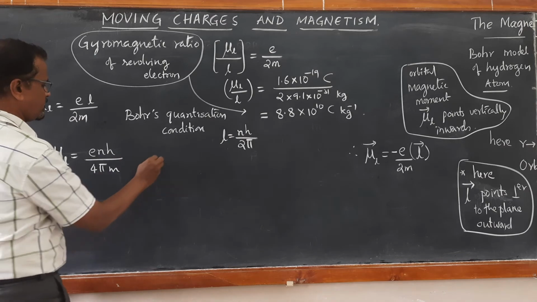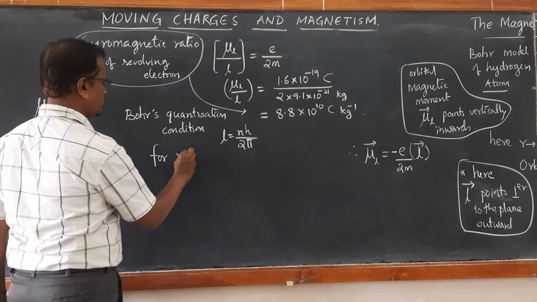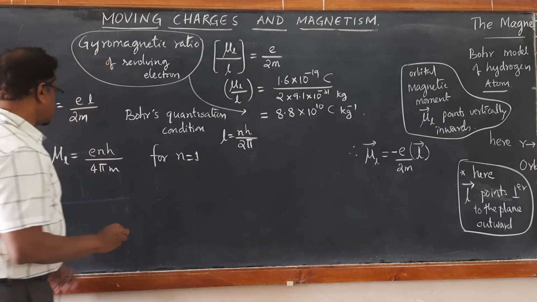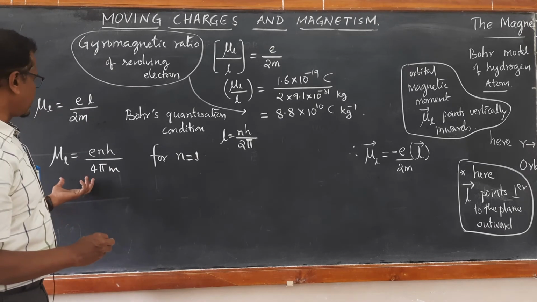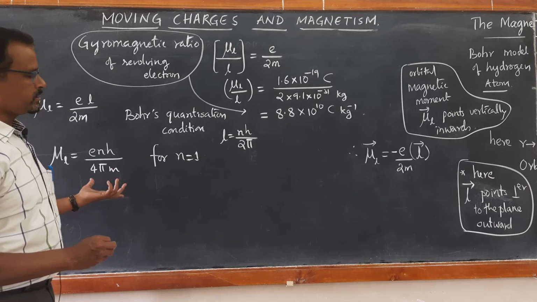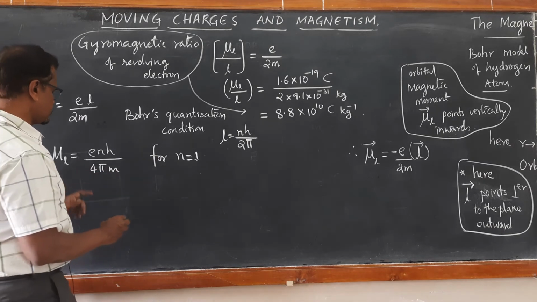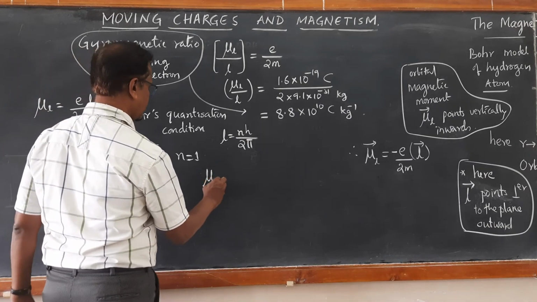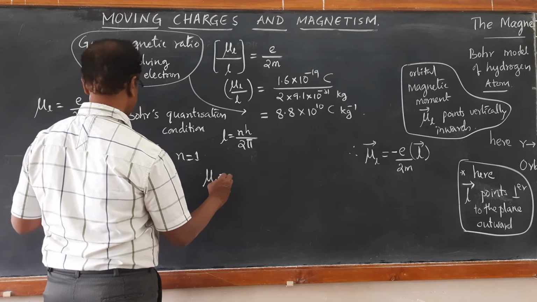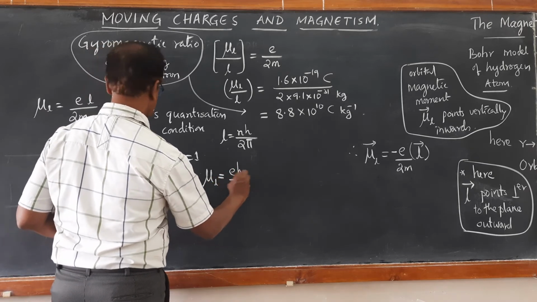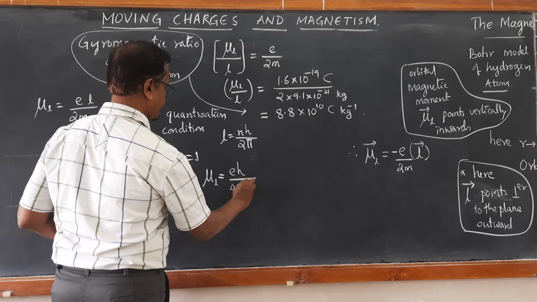Here, for n equal to 1, we calculate the orbital magnetic moment of the electron revolving in the first orbit. So, mu L for the first orbit becomes eh upon 4 pi m.